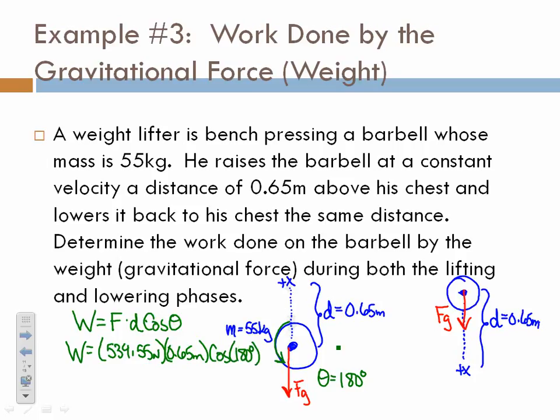So look at these numbers that we're plugging in here. 539.55. Notice that I do not have a negative on that, and the reason is that that has to do with completely different stuff. Up, down, left, right are not negative in these cases. What makes something positive or negative has to do with the standard angle.